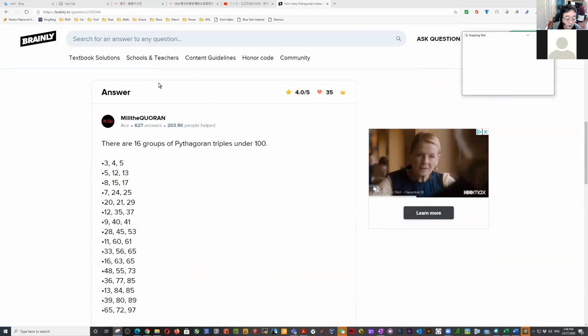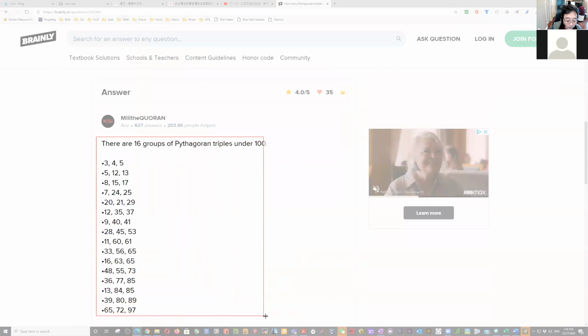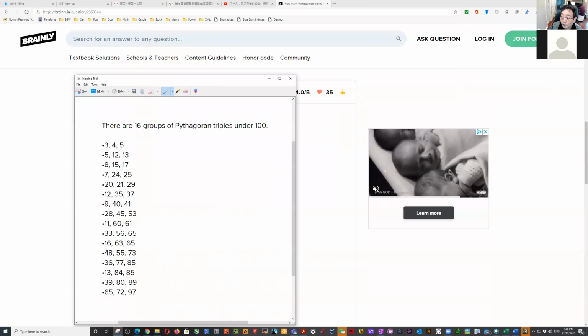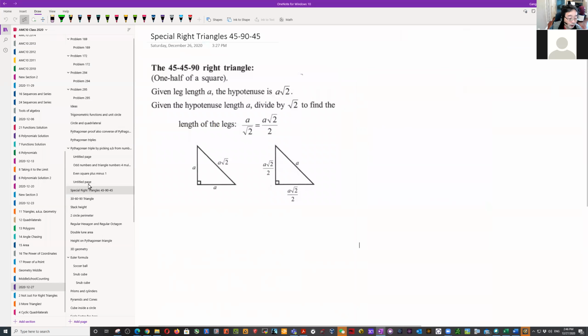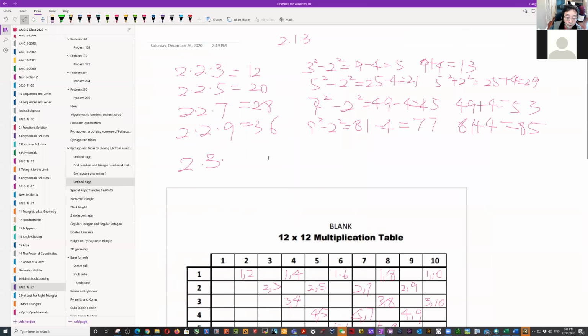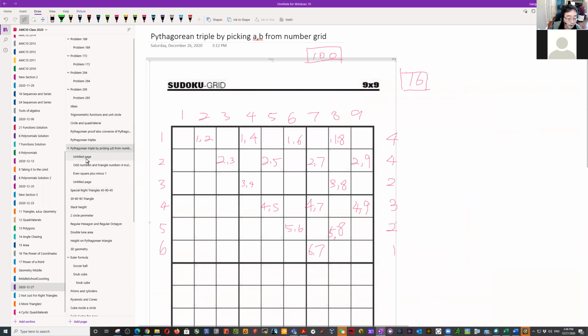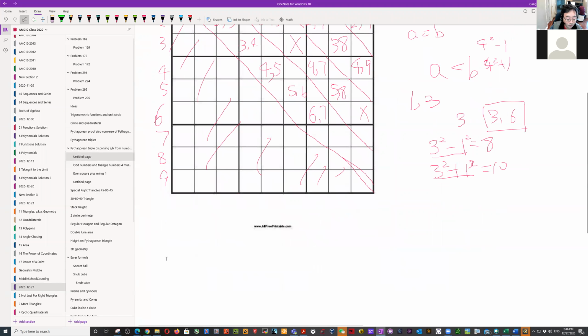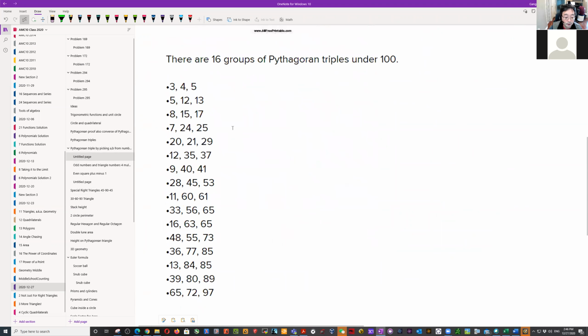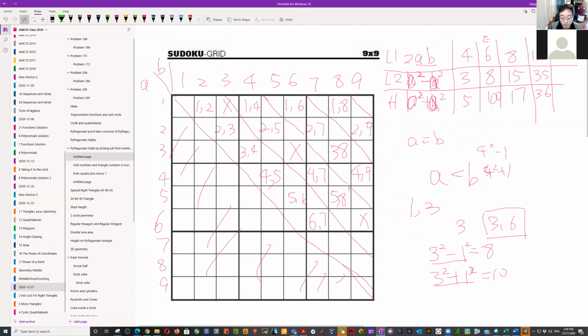If you use that picture, just see how I cross out those impossible ones, and you are able to generate all of them with the right grid. It's extremely easy to do, and based on how you pick A and B so that they don't generate non-coprime triples, you will get all of those right.